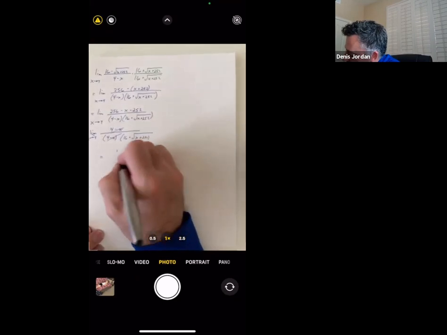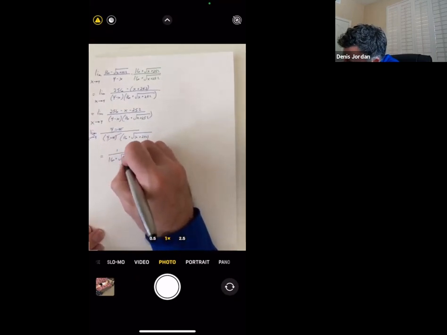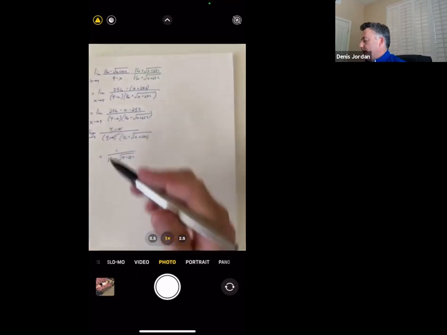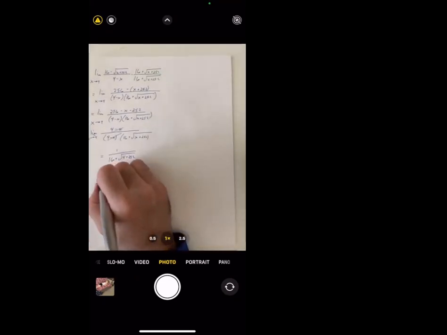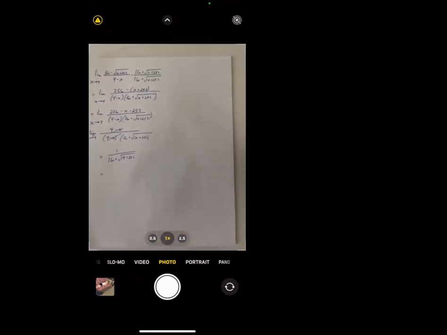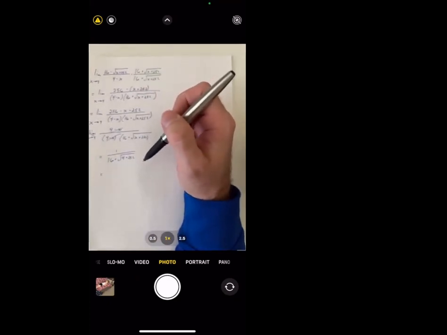Now you can plug in the 4. So let's do the arithmetic out loud. What's 4 plus 252? 256. What's the square root of 256? Oh, can't do that with that calculator.